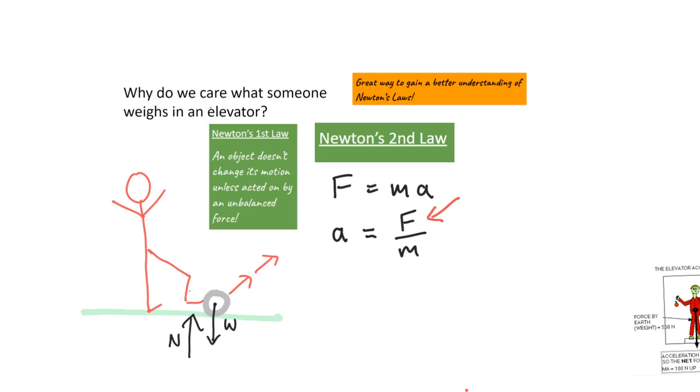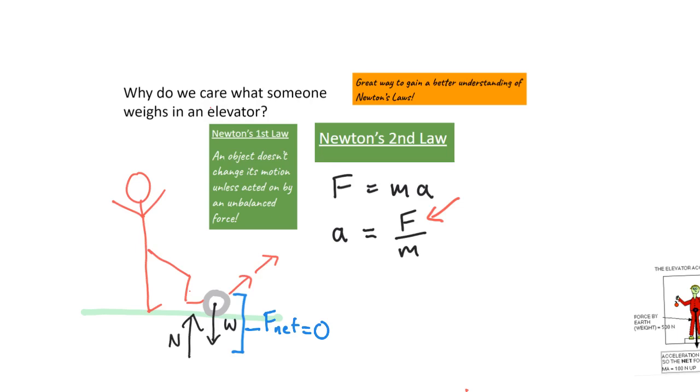But let's talk a little bit more about what we mean by that net force. Right here, when we had the stationary soccer ball, the forces canceled out, right? So we had force acting on the object, but not a net force. In this case, we could say that F net is equal to zero. So we had a zero net force, which is the same as having balanced forces.